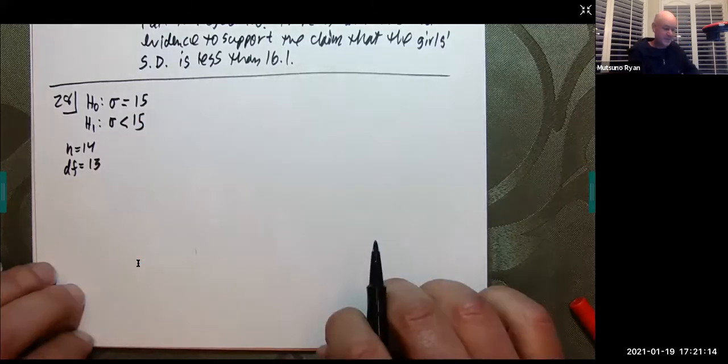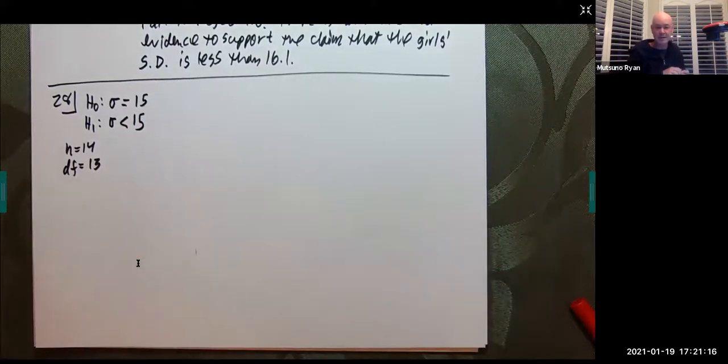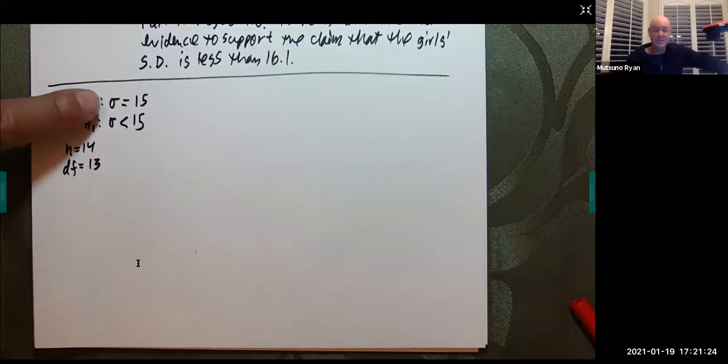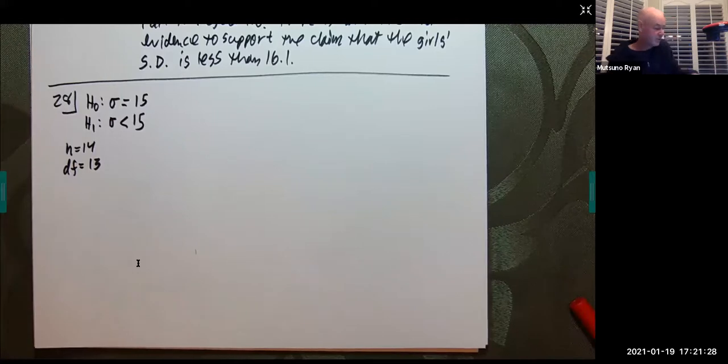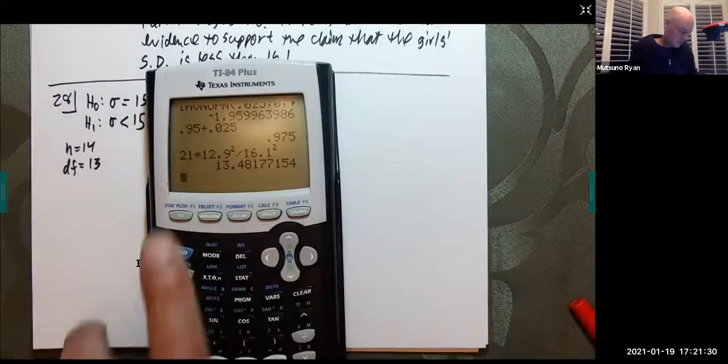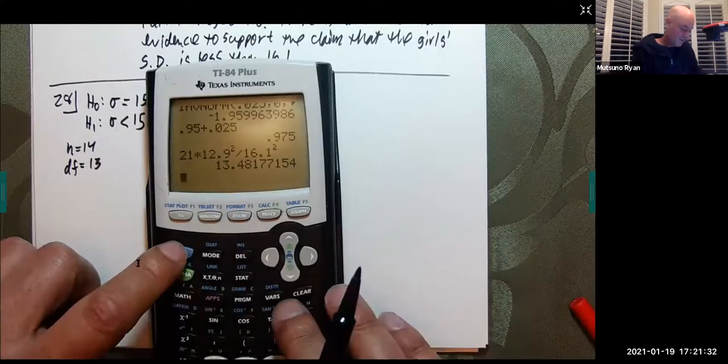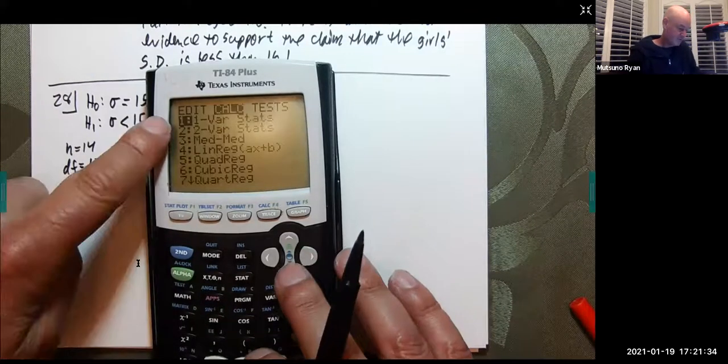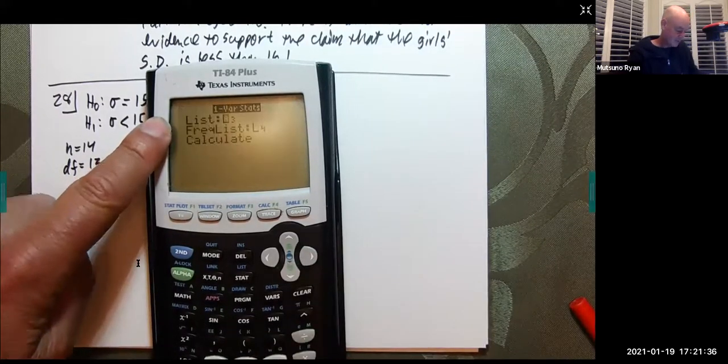They give us the raw data. And what I'm going to do with that raw data is I have to get, if you remember the formula, has the sample standard deviation and the population standard deviation. I have the population standard deviation here. However, what I'm going to do is run one variable statistics on list 2.